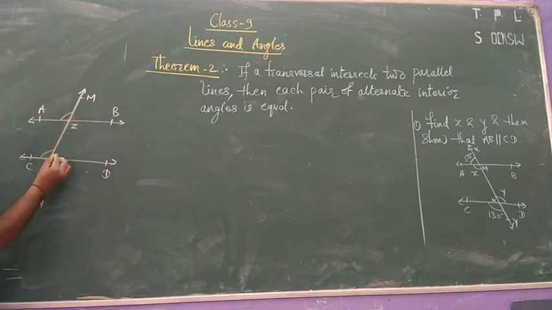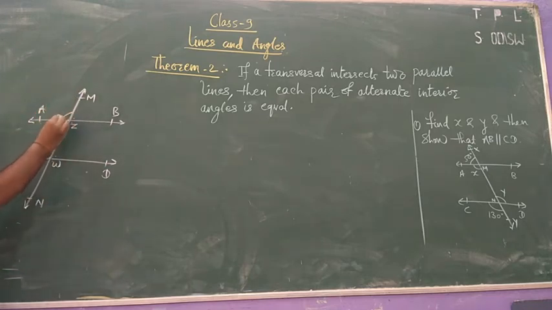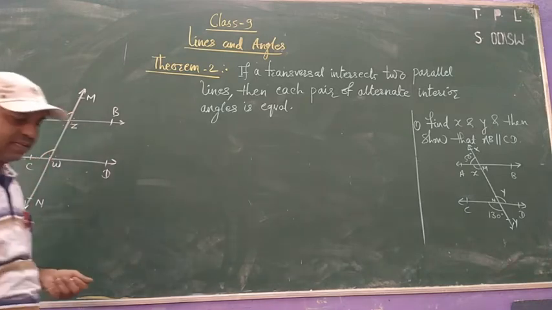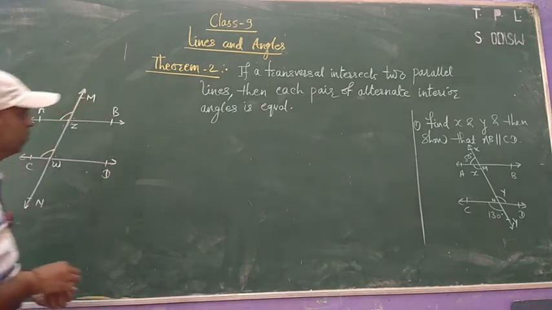Again, these two angles are corresponding, this and this angle corresponding, this and this angle corresponding. So here, when two lines are parallel and a transversal intersects these two parallel lines, then these corresponding angles are equal.